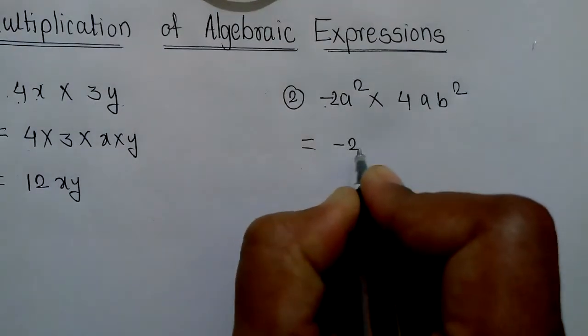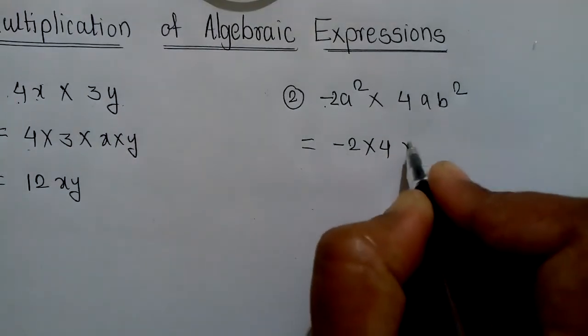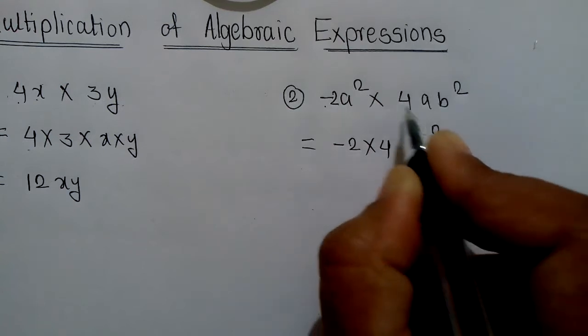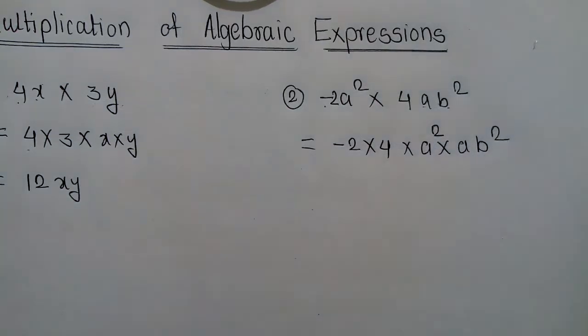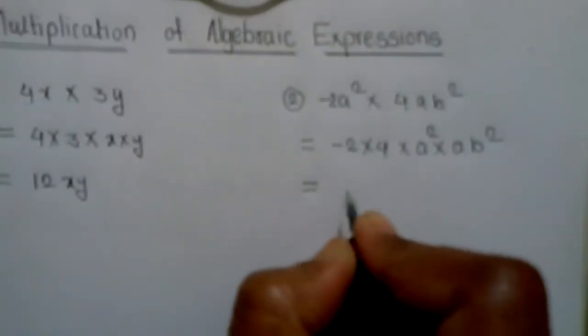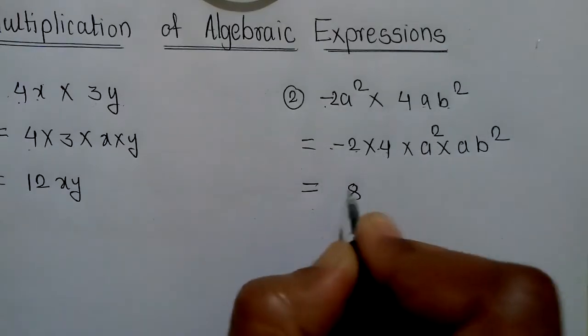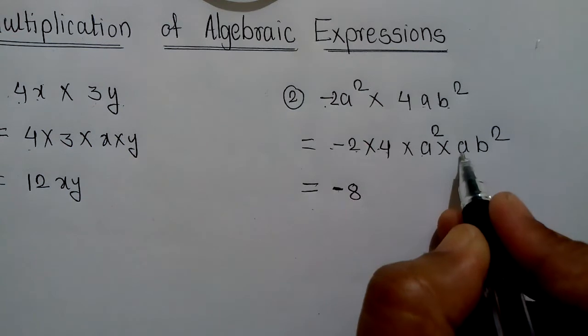Negative 2 into 4. And then variables, a square into ab square. Now 4 2s are 8, and minus times plus is minus, so negative 8. Then a square into a.